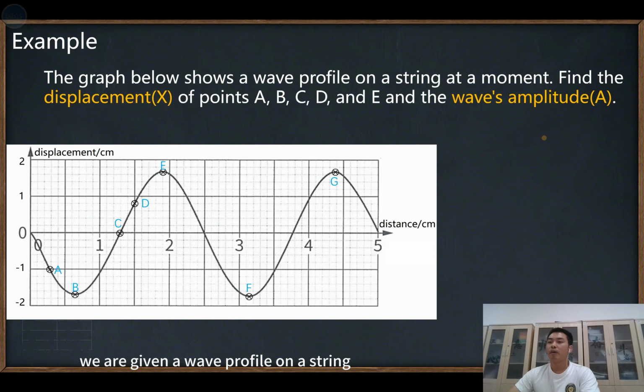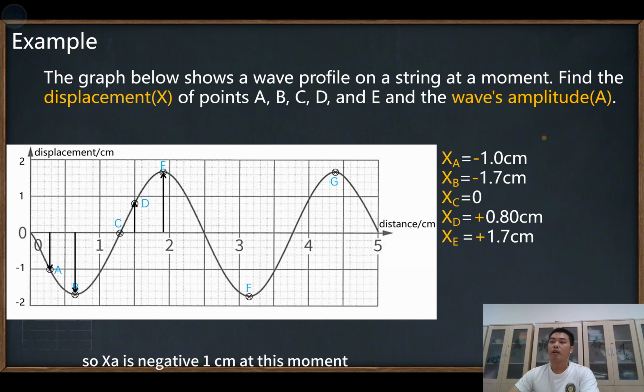We are given a wave profile on a string at a particular moment. We want to find the displacement of points A, B, C, D, and E, and figure out the wave's amplitude. Just as shown in the figure, we can use lines with arrows to indicate the displacement of each particle. A is 1 cm below its equilibrium position, so XA is negative 1 cm at this moment.